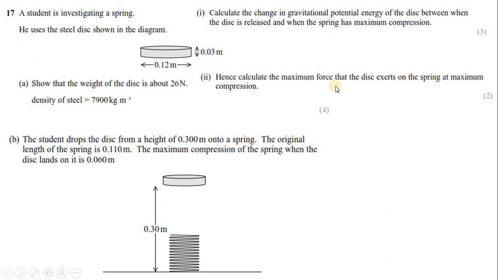Hence, calculate the maximum force that the disc exerts on the spring at maximum compression. A straightforward question. We have the energy stored that we found in the previous part, which was 6.6 joule. So we can use this energy to figure out the maximum force. E is equal to half of Fx, where F is the force, the deforming force or external force, and x is the extension.